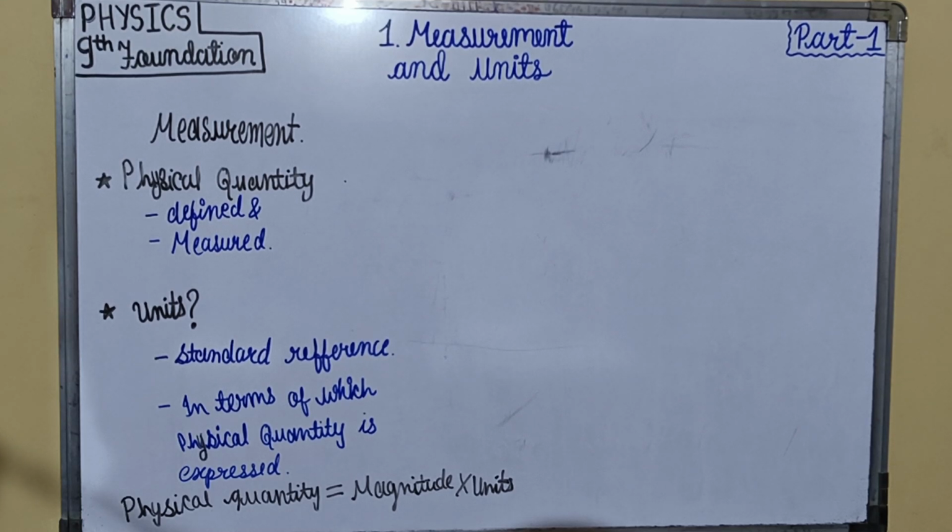The physical quantity is denoted by m, magnitude as n, and units as u. So the magnitude of the physical quantity would be n, and meter is the magnitude of the unit, that is u. Like this.